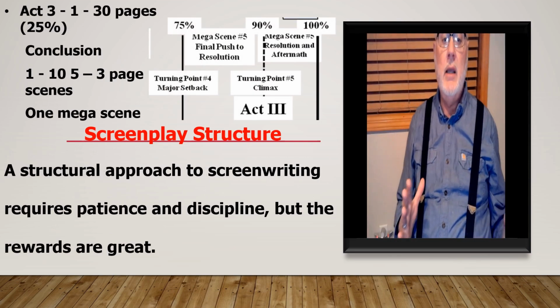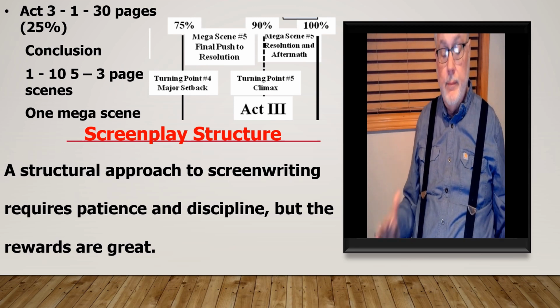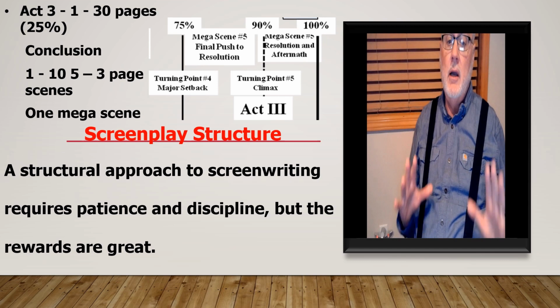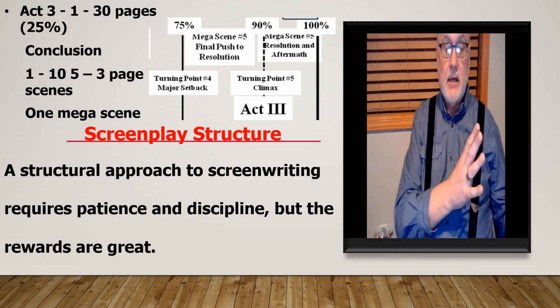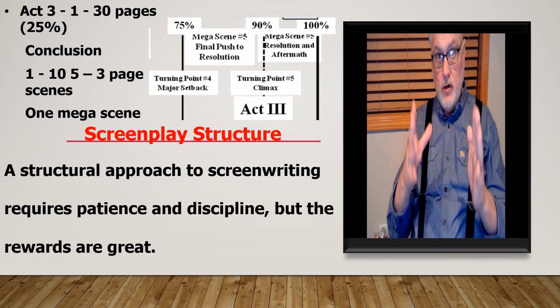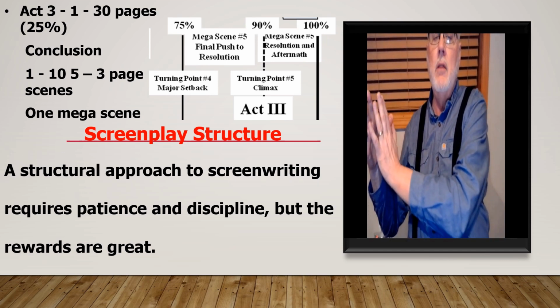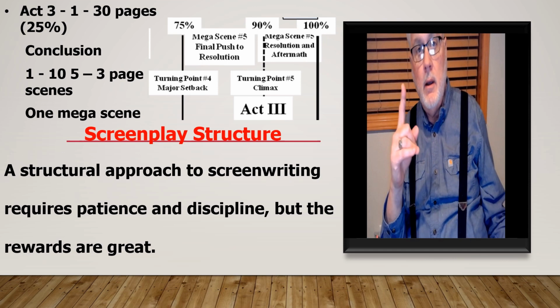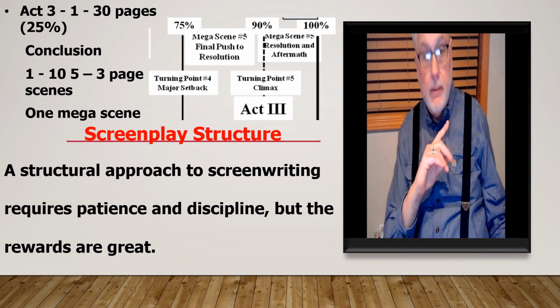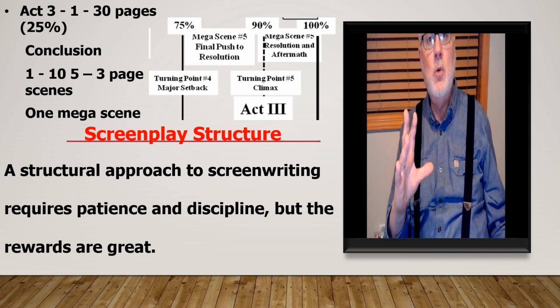Now, Act 3, again, is approximately 30 pages. However, unlike your first act and the first and back halves of your second act, the third act can be 1 page or it can be 30 pages. It's how long you want it to be.